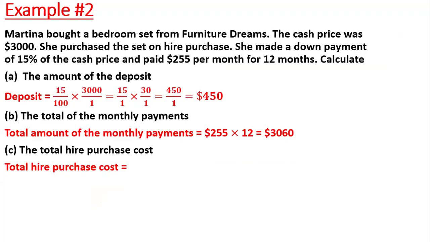That's the two components. So once we already get the deposit, we already get the total monthly payments. So we have to what? We have to add them. So let's go ahead and add them.